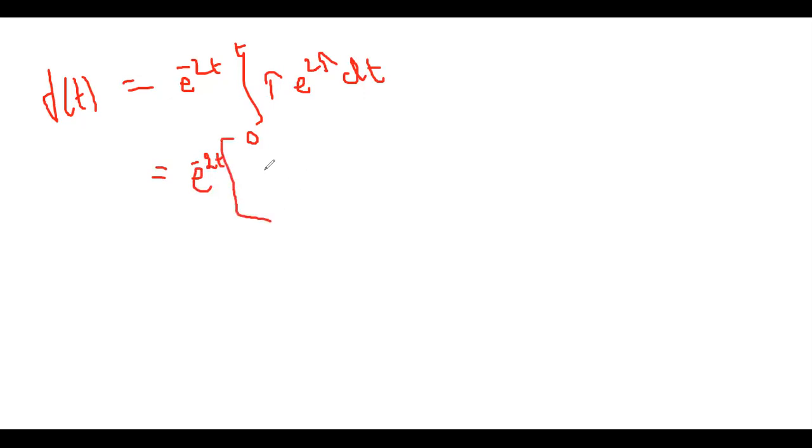What is the integration by parts here? Take tau as the first function and apply the integral to the other: e power 2 tau by 2, minus, taking the derivative of tau as 1 and the integral of e power 2 tau by 2, with the limits 0 to t.